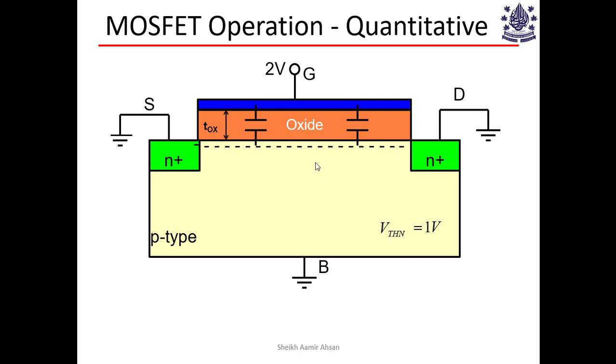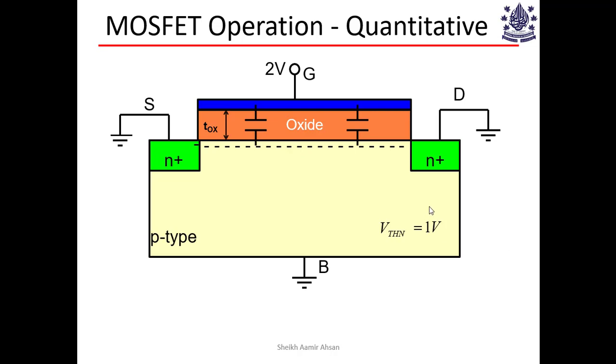Some inversion charge at the surface. And if we have that, we all know that this oxide behaves like a dielectric, and there is going to be some capacitance between these two. In fact, you can say the other way around, that these inversion charges come about as a manifestation of the capacitive action of this gate electrode on the channel. So the higher voltage you apply here, the more charge you will have here. That is basically a capacitive action, right?